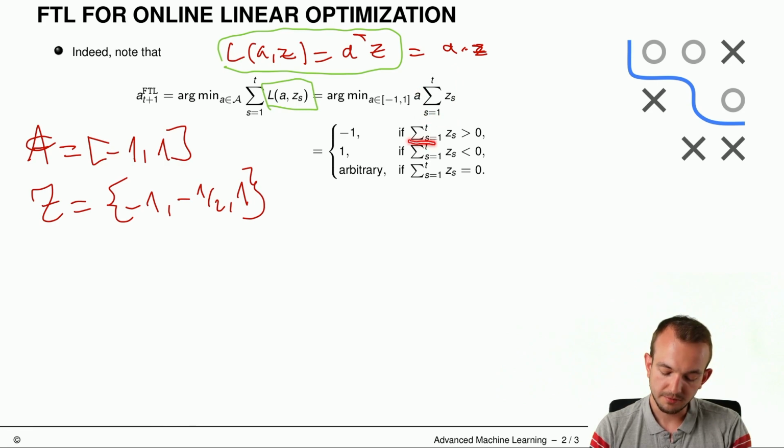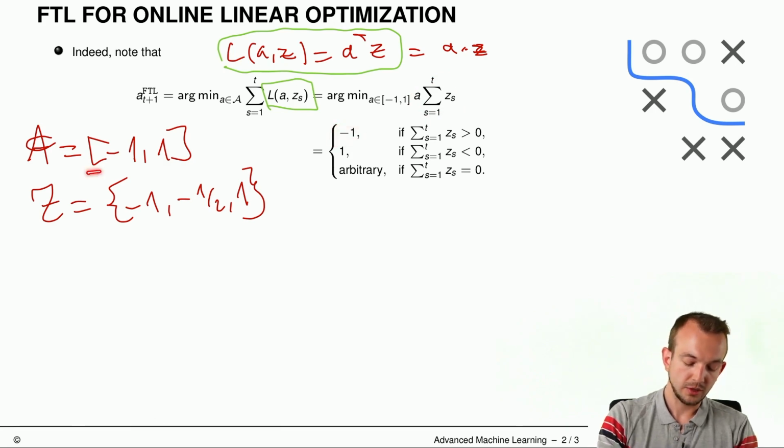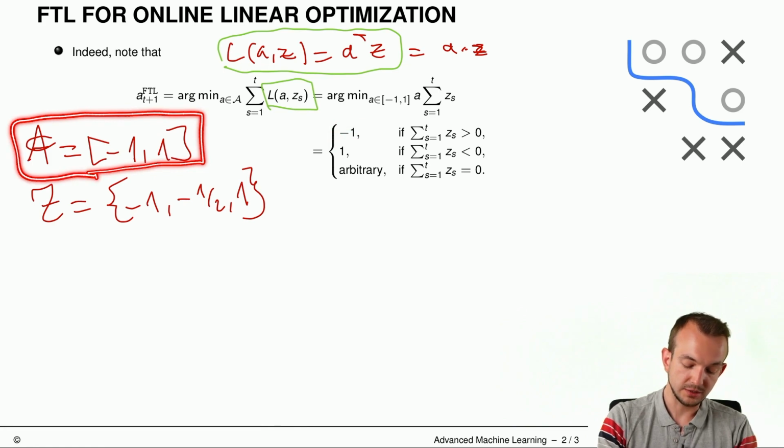Namely, if the sum has a positive sign, so it is strictly greater than 0, then what should we do if we want to minimize this by choosing an appropriate A? We should use the smallest possible A, because then the entire term is as small as possible. And the smallest possible A we can choose regarding our action space is the -1.